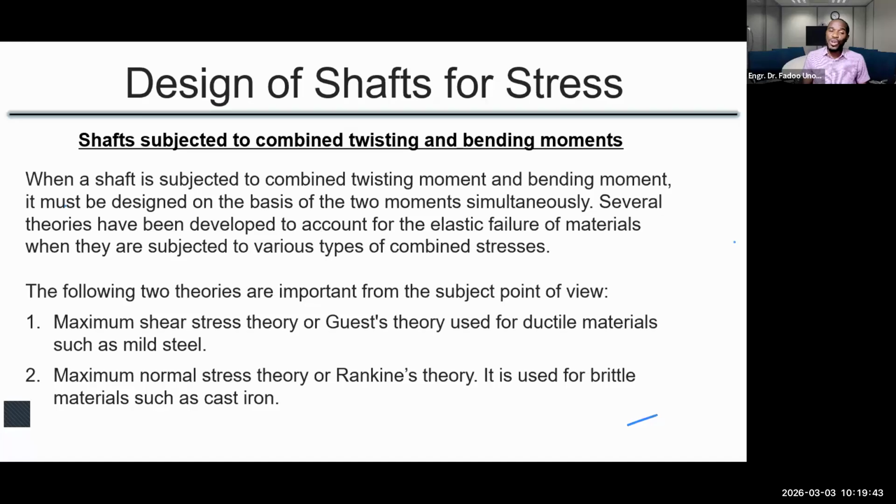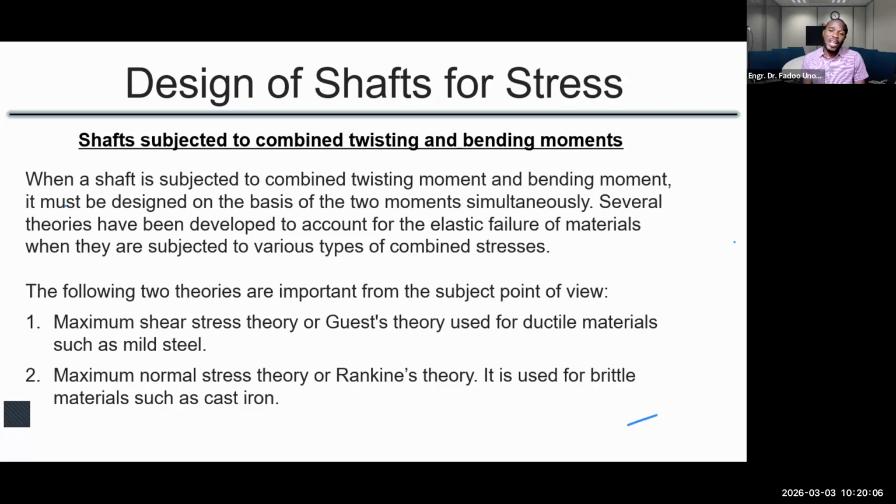So we have the maximum normal stress theory, or what we call Rankine's theory. The maximum shear stress is called Guest's theory, and the maximum normal stress theory is called Rankine's theory. The maximum normal stress theory is used for brittle materials such as cast iron.